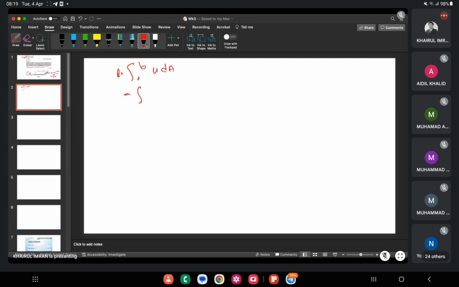Right, so 0 to B, U is what? The one that we have found the other day: 1 over 2 mu del P over del X times Y squared minus BY, dA. Okay, the change of area.